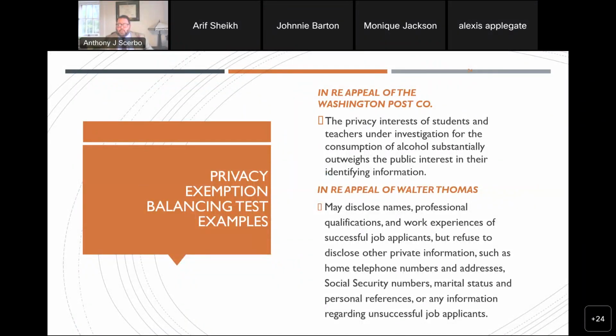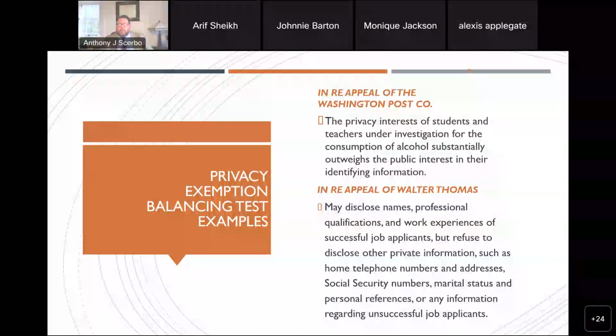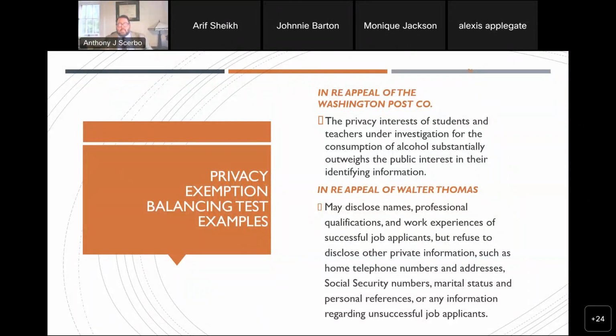In re-appeal of Walter Thomas, the court held, you may disclose the names, professional qualifications, and work experience of job applicants who are successful, but you may also refuse to disclose other private information, such as home telephone numbers and addresses, social security numbers, marital status, and personal references.